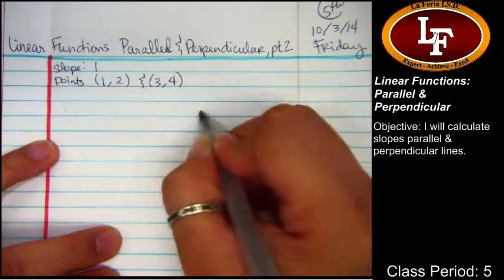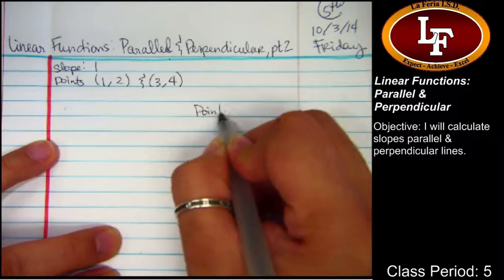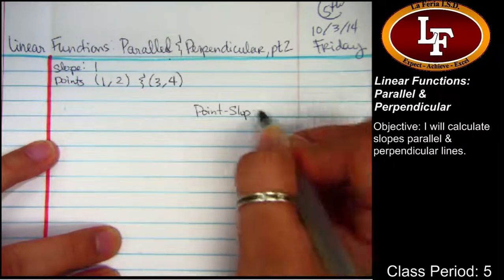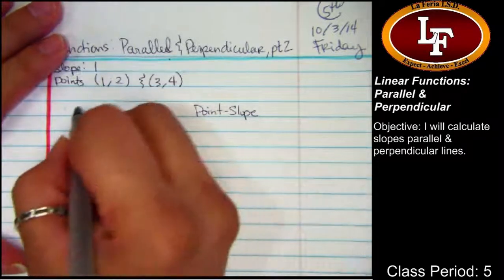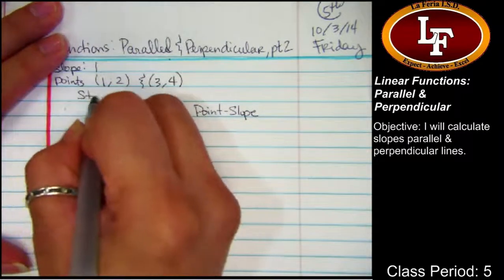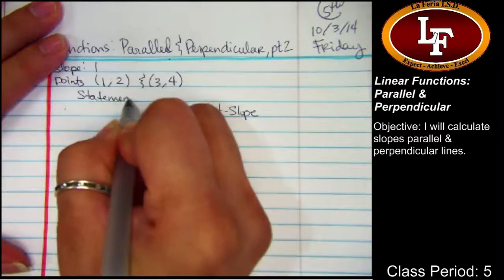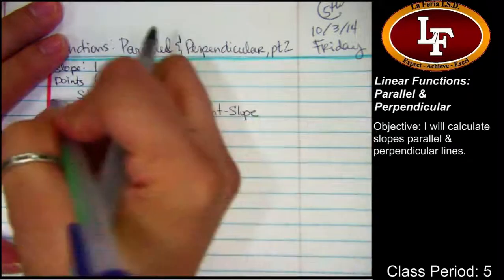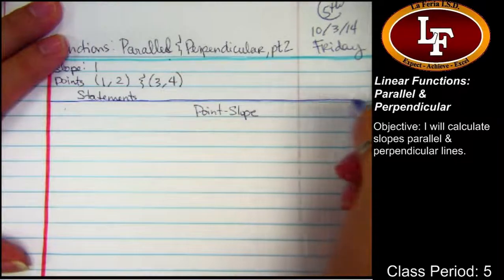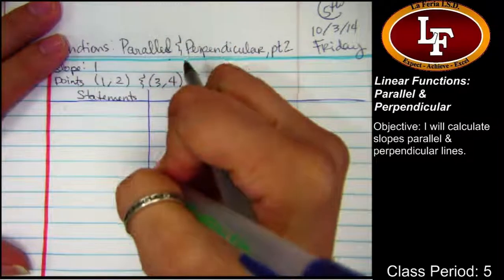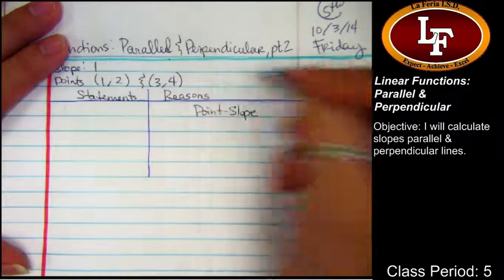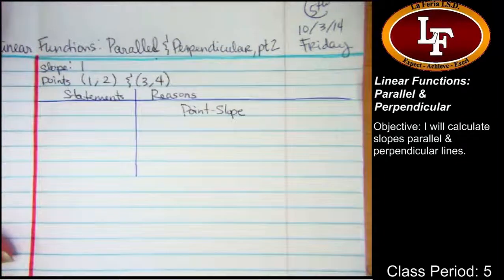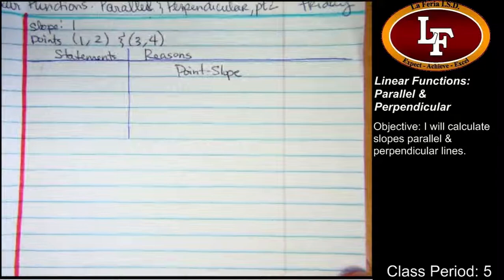And we said that we were going to start with point-slope. This is going to be my statements, because we're in geometry now. While we're going to do a lot of algebra, we're going to write it in statement-reason form because we want to give justifications for everything that we do.